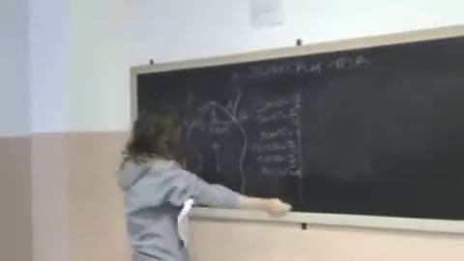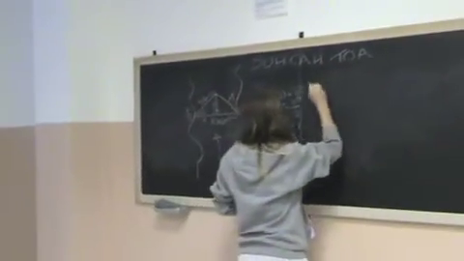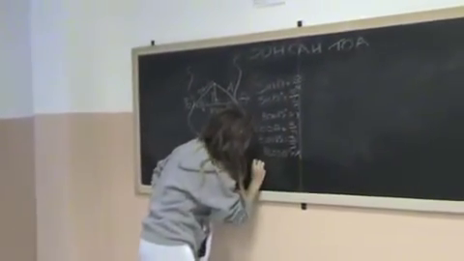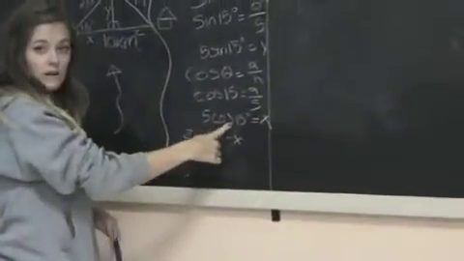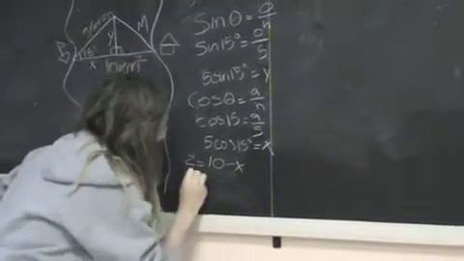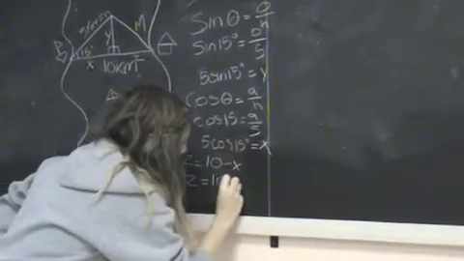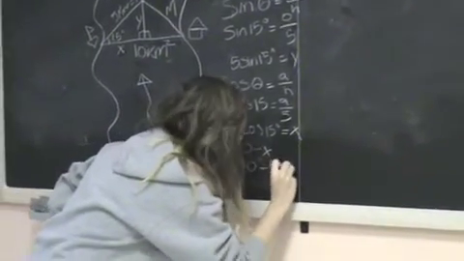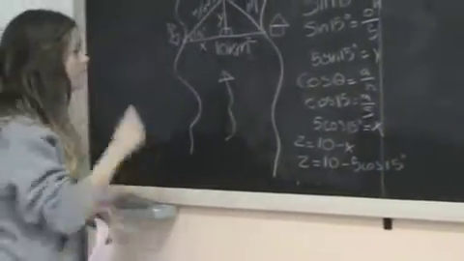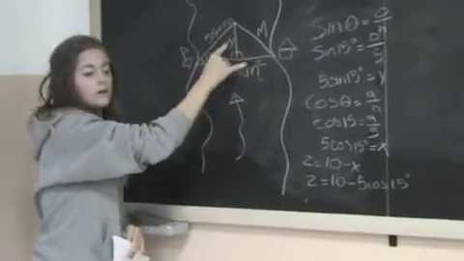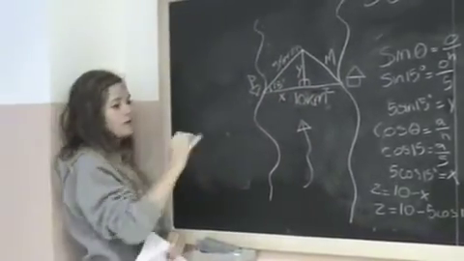Exactly, Luce. So smart. So you go down here and you go z equals 10 minus x, and then you have x here, so you can put it in here. So now that you have 2 of your sides of the triangle, I'm going to write them over here just so we have them, and I'll erase that.